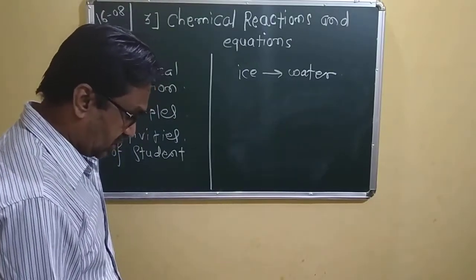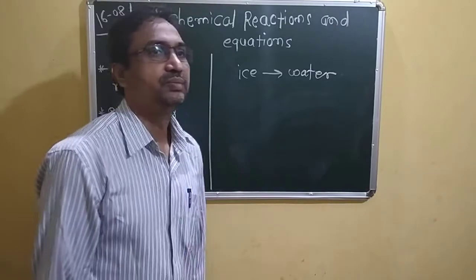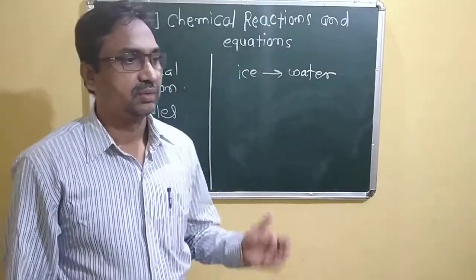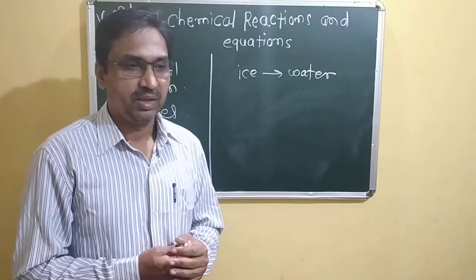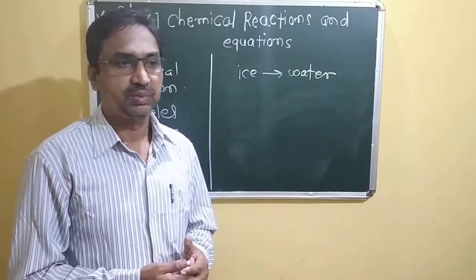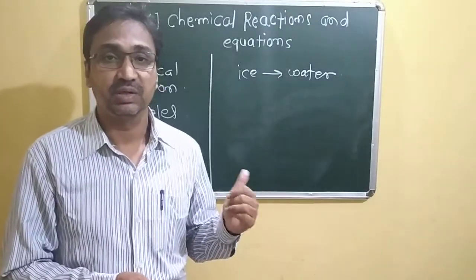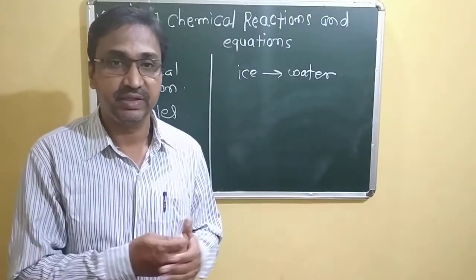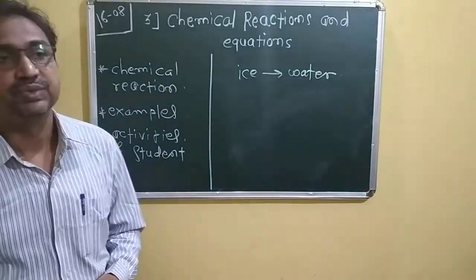After that, cooking of food. In cooking of food, we see some chemical reaction. Any food you cook in our kitchen, after that we cannot regain its original constituents which we have added to it. So that is a chemical change. After that, ripening of fruit.